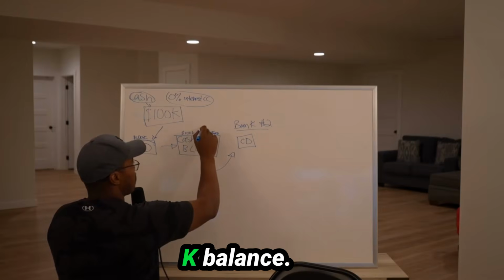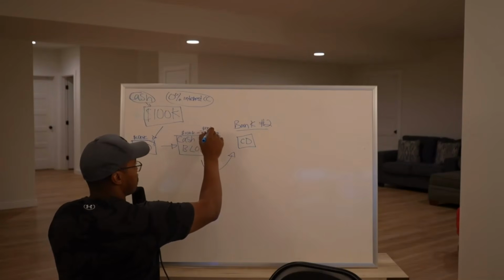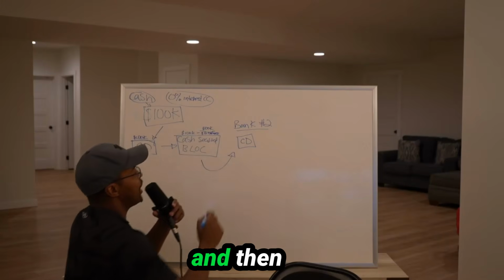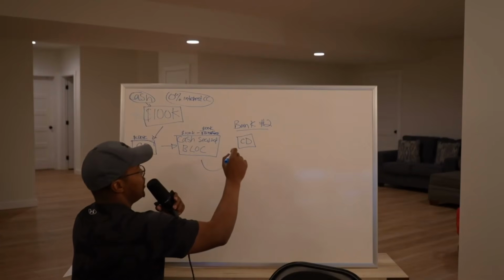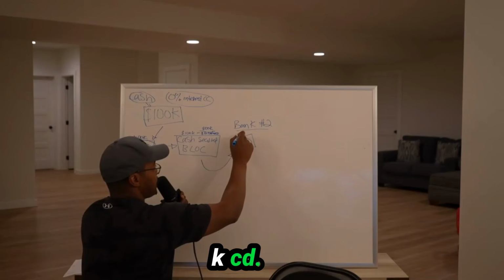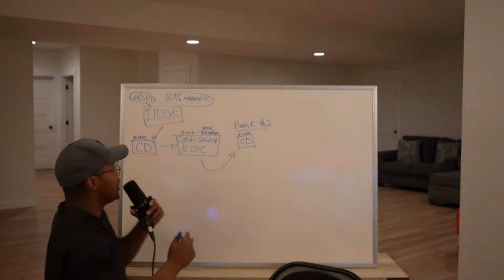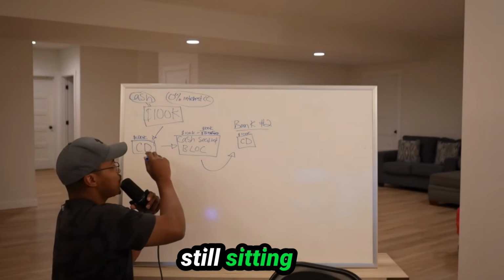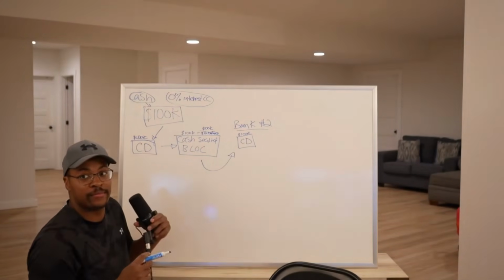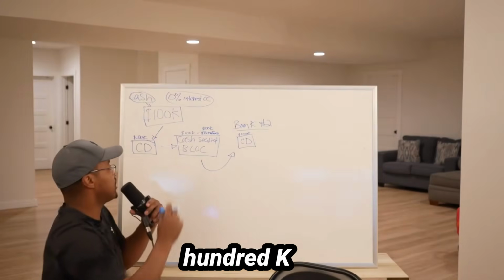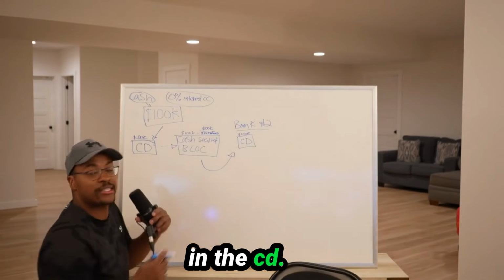Now you got a 100K balance. And then this is now a 100K CD. Notice something, right? This 100K is still sitting in a CD. Nothing has changed. This 100K right here is still sitting in the CD.